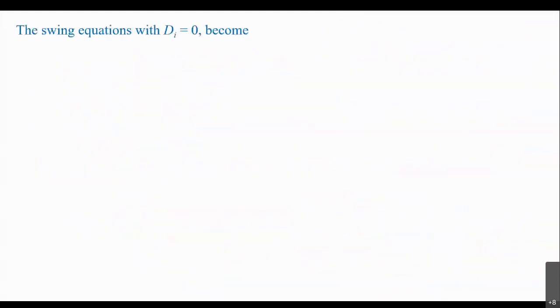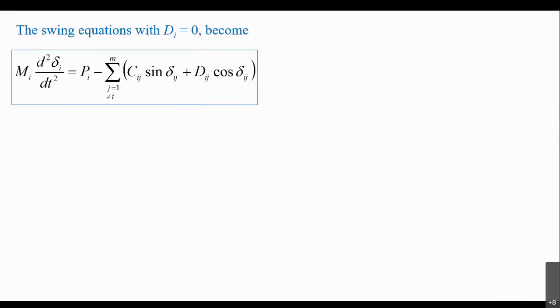The swing equations with Di equal to 0, considering Di equal to 0, now the swing equation I can write is Mi d square delta i by dt square equal to Pi minus summation of Cij sin delta ij plus Dij cos delta ij. Inside the Pi we have another term, that is Gii. So that one term, when j equal to i, is added here with Pi.